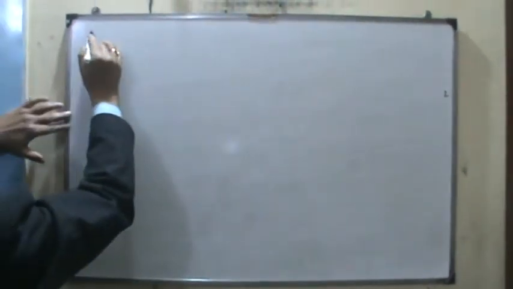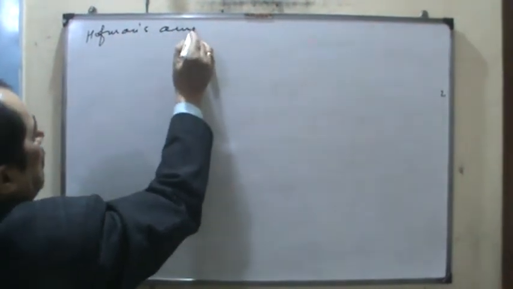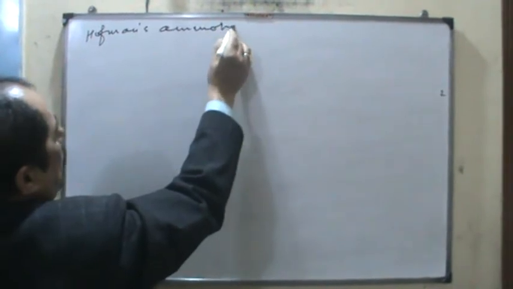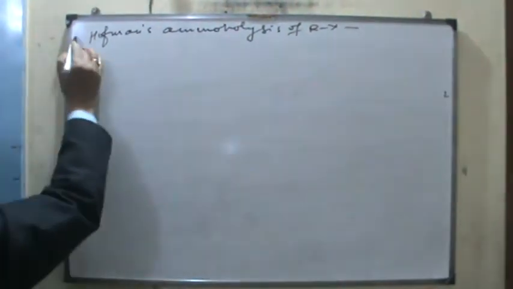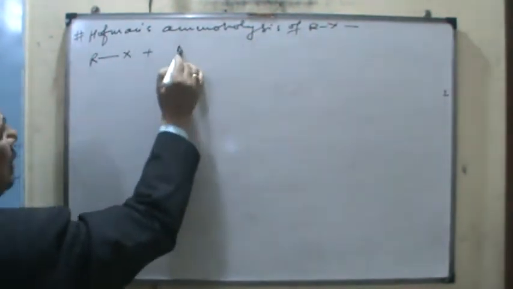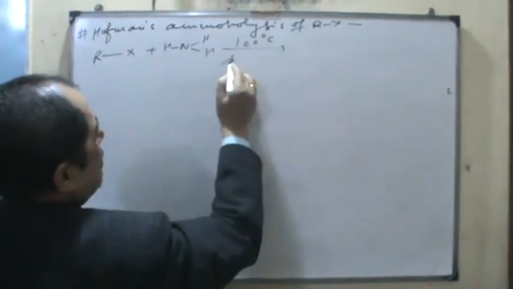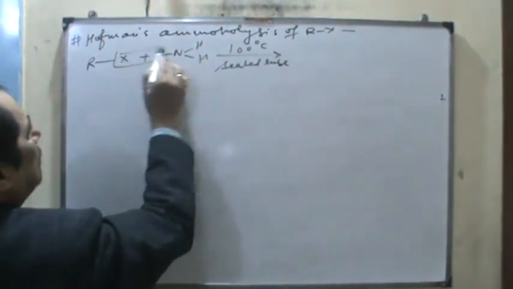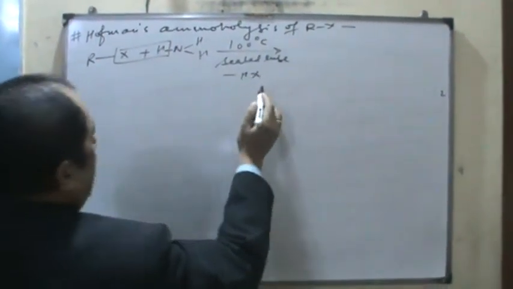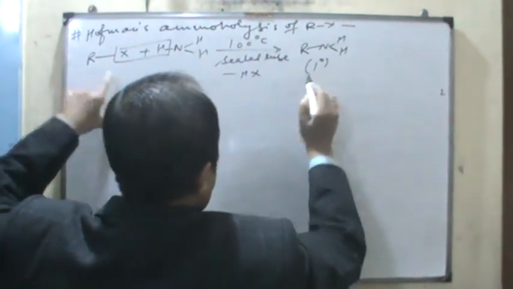Now, next method is the Hoffman's ammonolysis of RX. Mixtures of amines are formed. You take alkyl halide plus ammonia at 100 degrees Celsius in a sealed tube apparatus. H and X is lost here, HX, RNH2, it's alright, 1 degree amine.